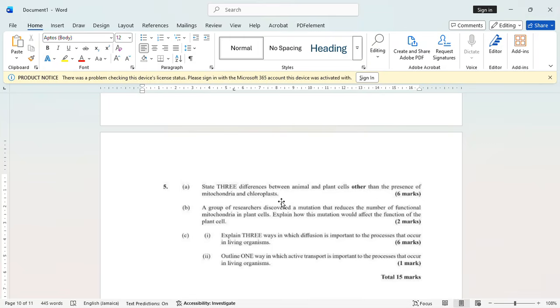All right, once you give in the characteristics for plant, what is good is for you to speak about the animal. So you speak about the large vacuole. How is it in terms of animals?